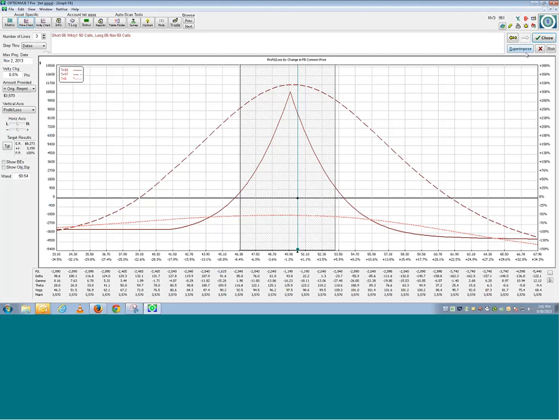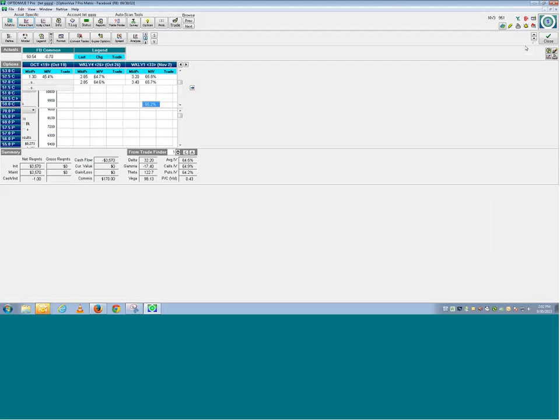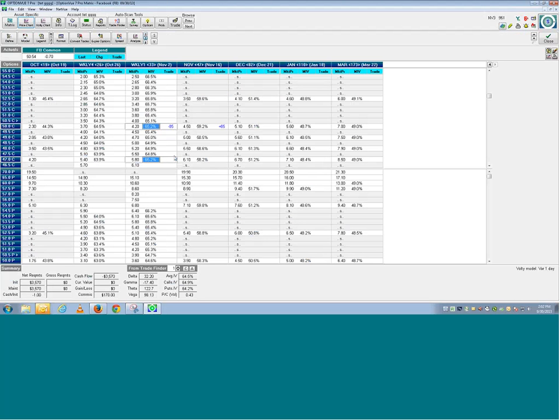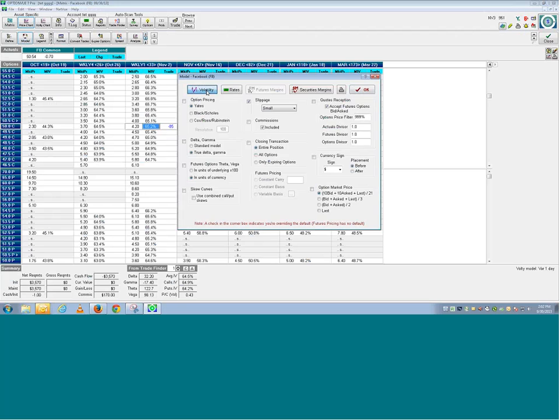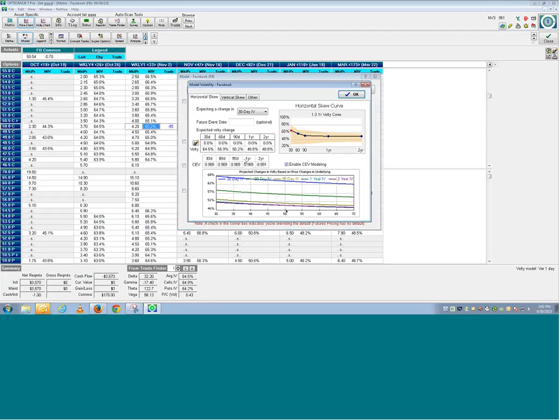So I have some work to do to figure that one out. Let me go see if I did anything in here. Okay, this is left over from what I was doing before.